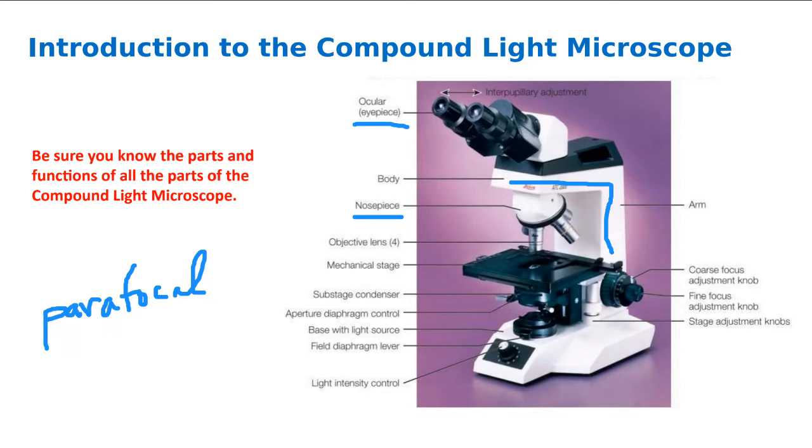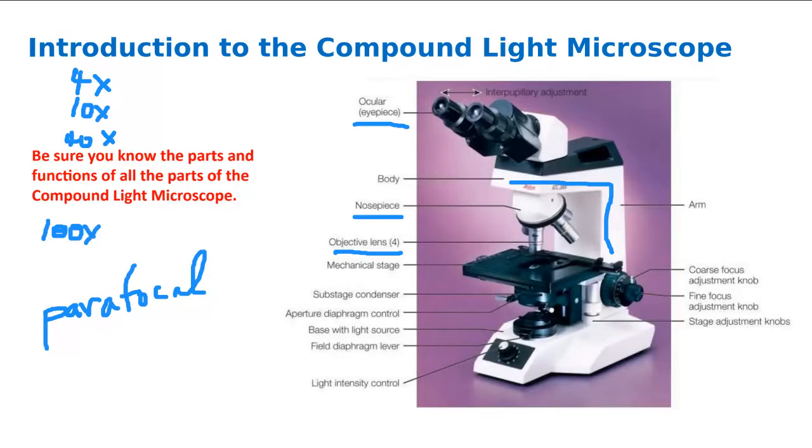I want you to know the objectives, right? And so there are four of them, and I talked about them already. They are really the scanning, which is at 4x, the high, which is at 10x, the high dry, which is at 40x, and then the oil immersion lens, which is at 100x. Okay?